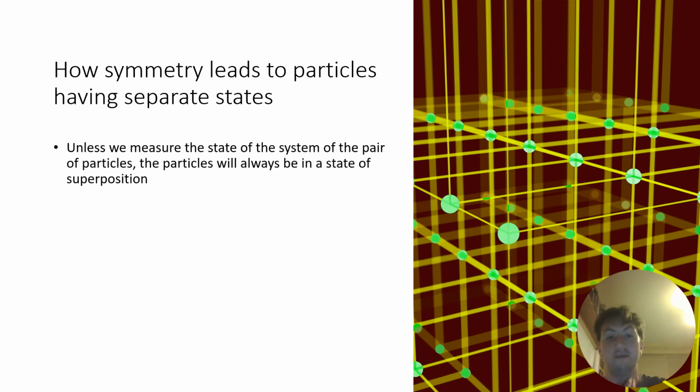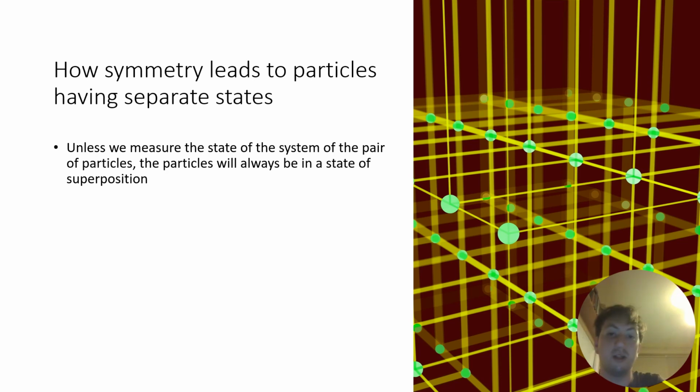So for this, we start by saying that unless we measure the state of a system, the system will always try to be in a state of superposition of all possible classical states in which we can measure it being, if we were to measure it.